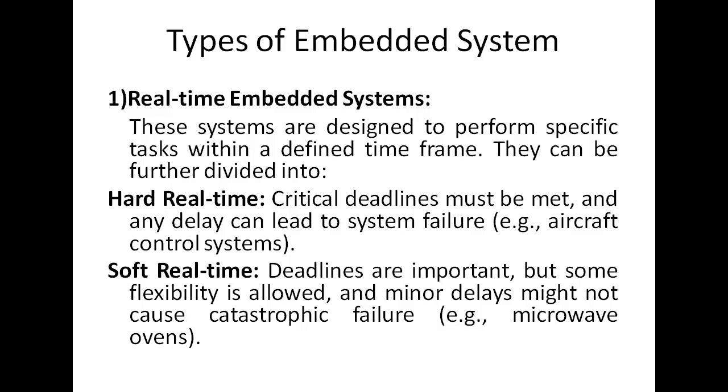So there are two categories of real-time embedded systems. In daily life we use these, for example a microwave is an example of a soft real-time application. The government uses aircraft control and defense, which are hard real-time embedded systems.